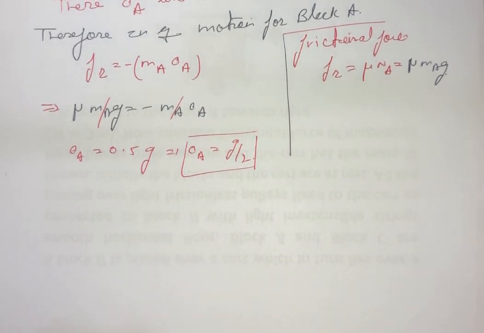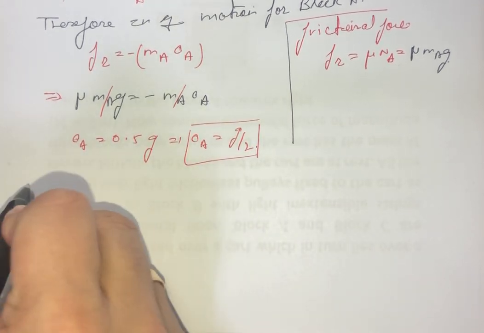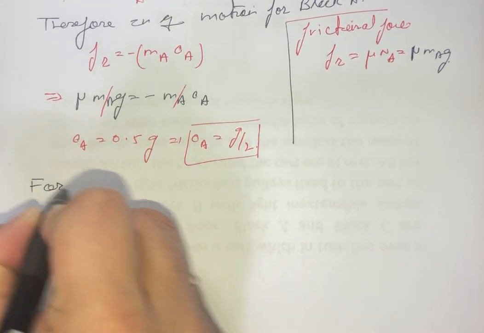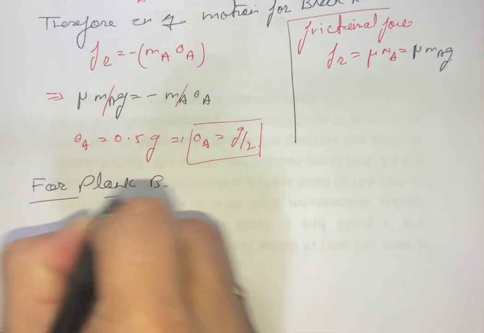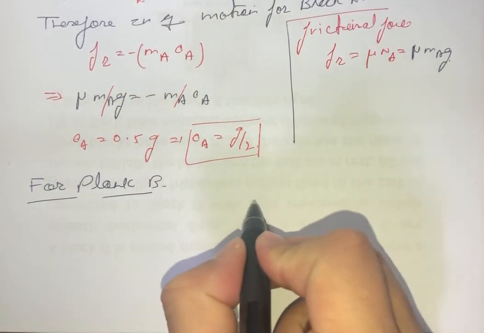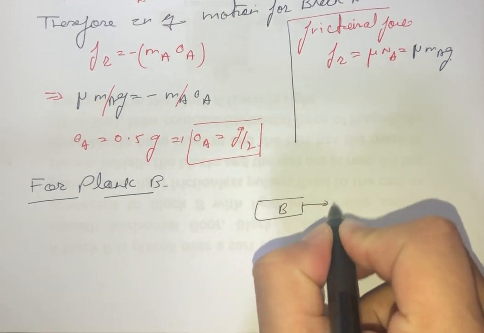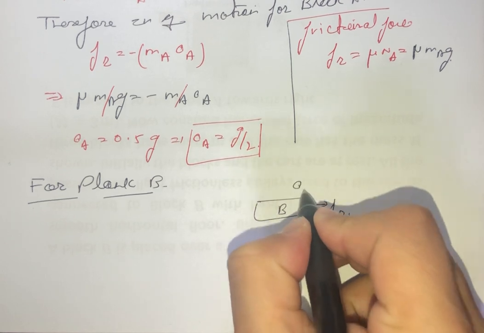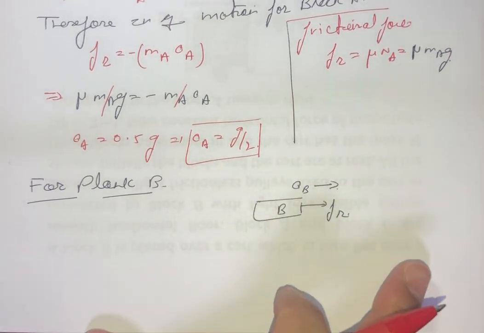Now let us find out the acceleration of block B. So for block B, we have Fr, and let us suppose its acceleration is given as aB.